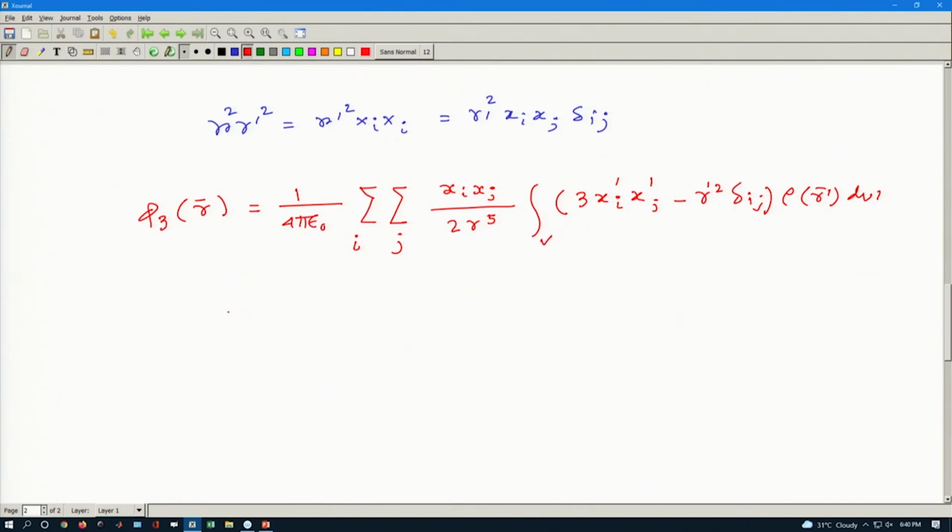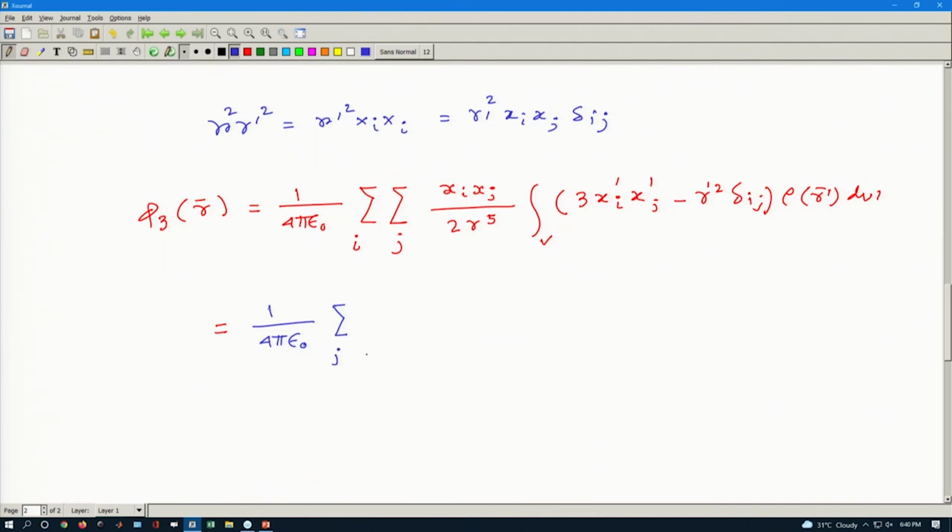Now I am in a position to define the quadrupole moment, and you can see that there are 2 primes associated with it to define the component of the quadrupole moment. That means it is not a vector, it should be a tensor quantity.